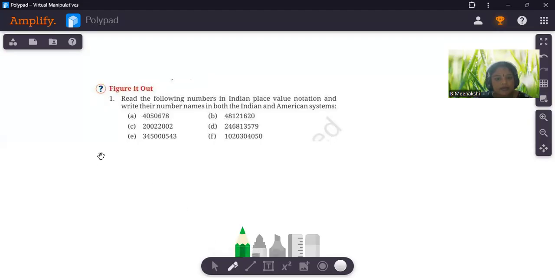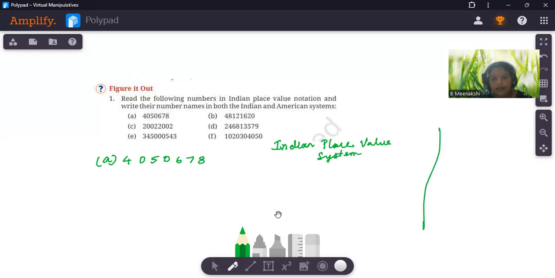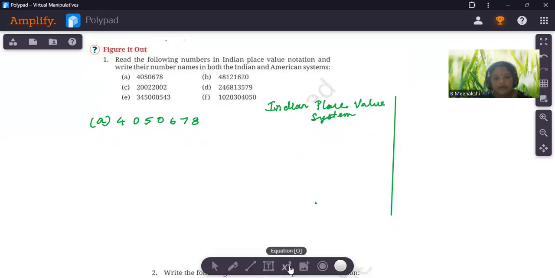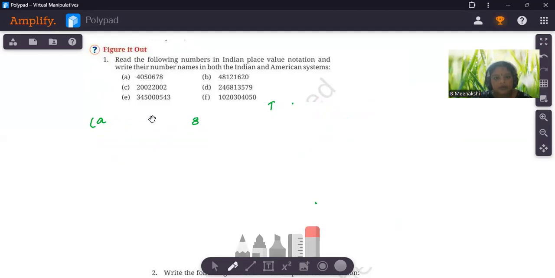So now let us see A: 4050678. Now we will make a tabular column so that we can easily do it.